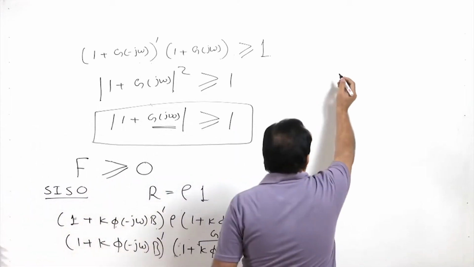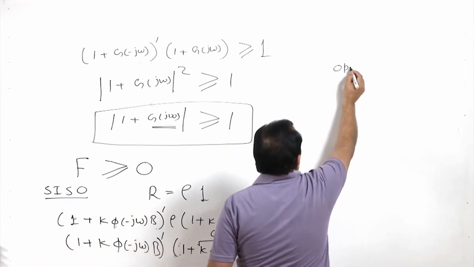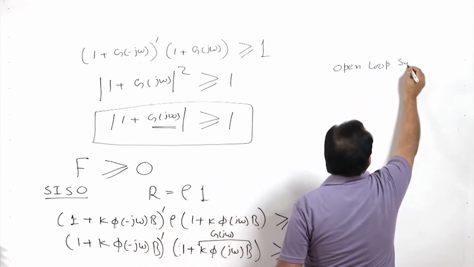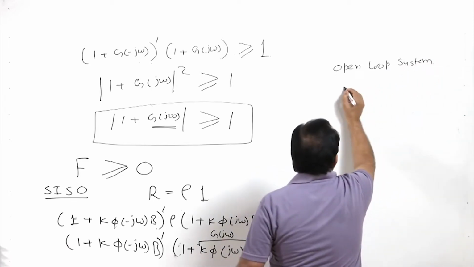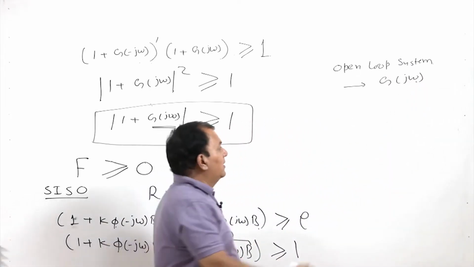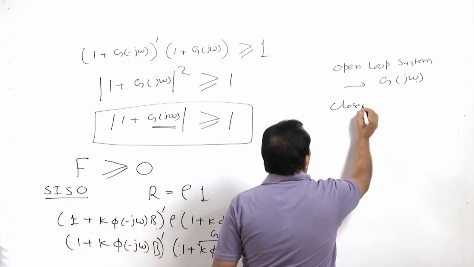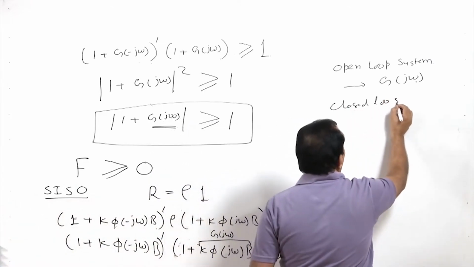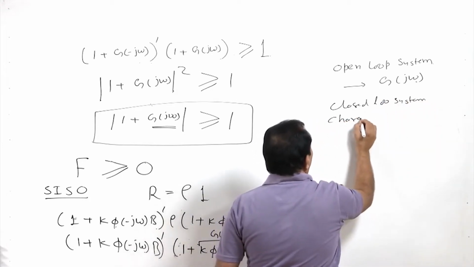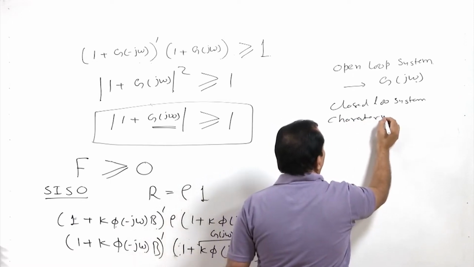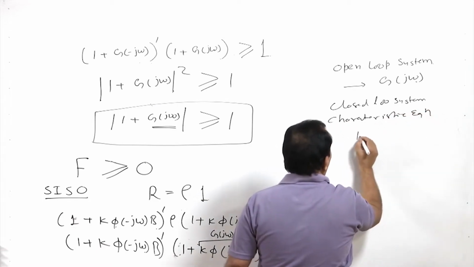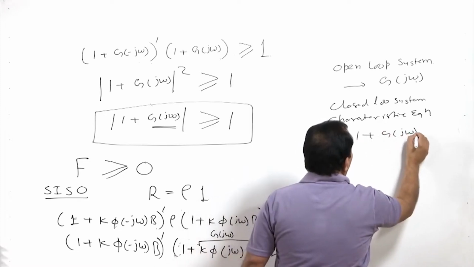My open loop system I am representing as G(jω), and for the closed loop system the characteristic equation I am taking as 1 + G(jω).